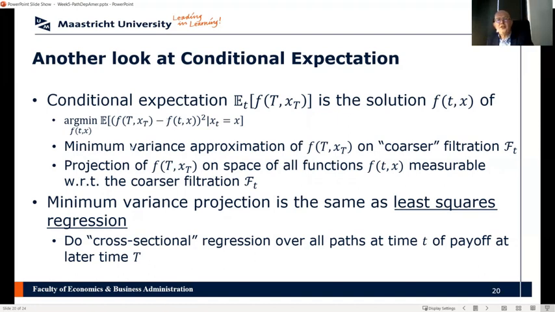So one way to look at conditional expectation is to ask: what is the minimum variance approximation of the payoff at a later date, time capital T, in a situation where I have much less information because I don't know what's going to happen in the future?